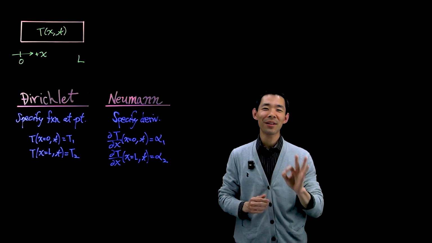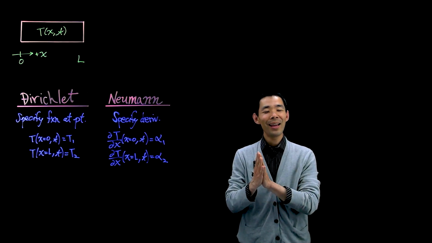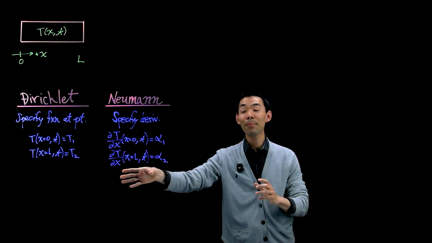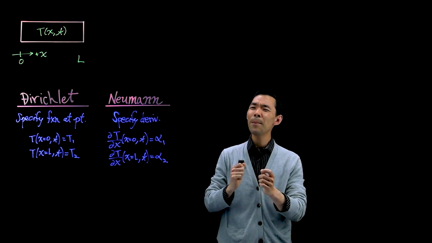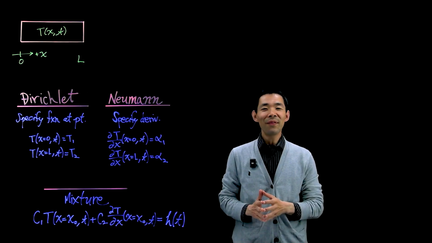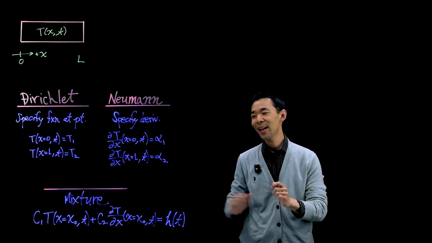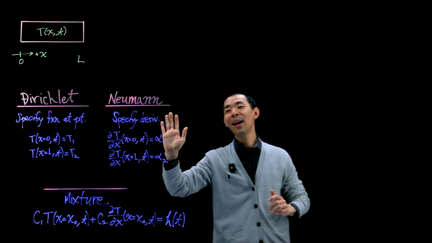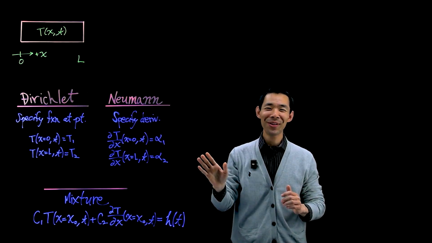There's a third class of boundary conditions, which is also very common in science and engineering. And it is the mixture of both the function at that point plus the derivative at the same boundary. So what would a mixed boundary condition look like? The final common type of boundary condition that you'll find is, once again, a mixture of both the function value and the derivative, a mixture of the Dirichlet and the Neumann boundary condition.